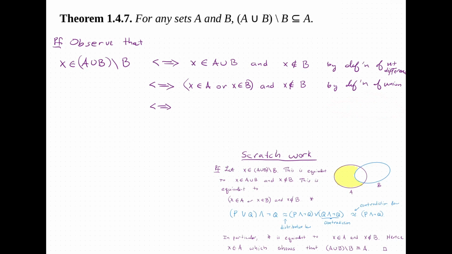And so here we have X in A and X not in B, or X in B and X not in B. And this is by the distributive law.